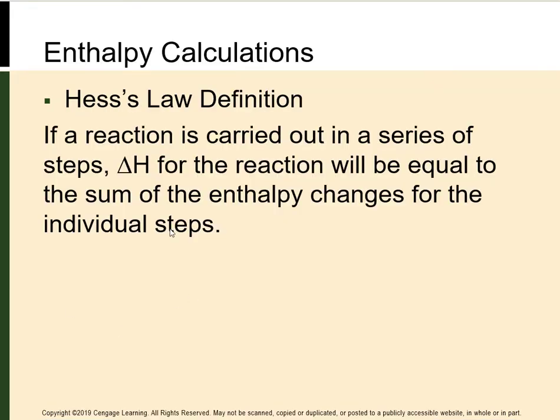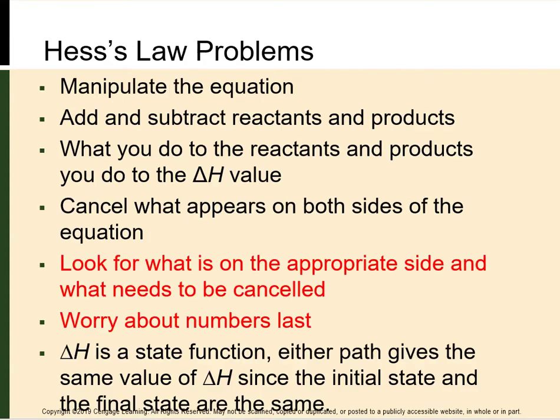So going back to look at our Hess's Law definition that says, if a reaction is carried out in a series of steps, the delta H for the reaction will be equal to the sum of the enthalpy changes for those individual steps, just like what we saw. And to do that, we manipulate the equation to get what we want on the left and on the right side of those equations. We add and subtract those reactants and products.